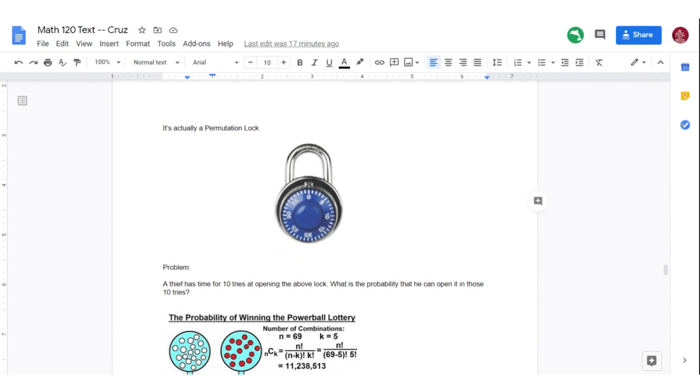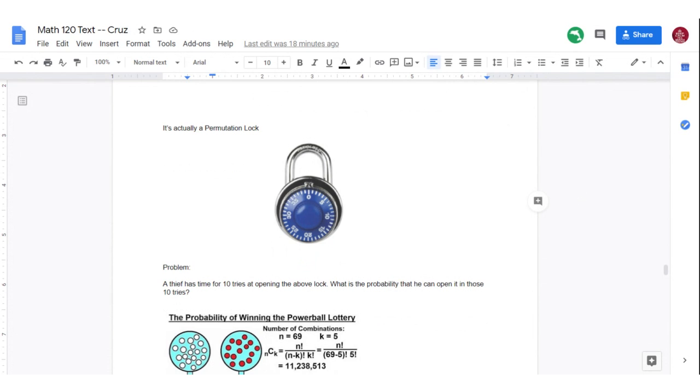The order is important. Sometimes things in real life end up confusing us because they're just misnomers. Calling this a combination lock is a misnomer. It's actually a permutation lock because the order is important. It's like a phone number, like a password. The order in which you put in your characters, or numbers in this case, is important.